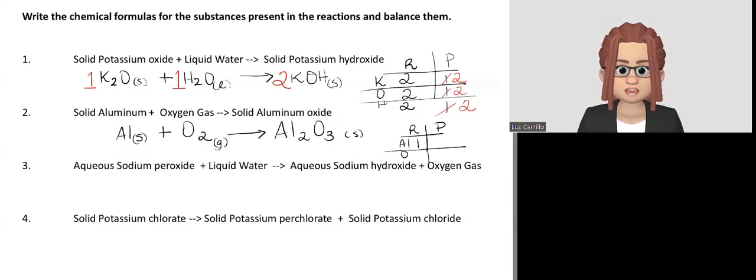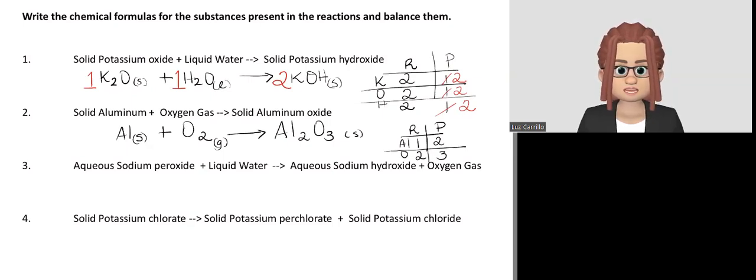When it comes to the oxygen, I have 2 oxygens. In the product, I have 2 aluminums and 3 oxygens. So we can see that in this second problem, the aluminums are not balanced, and the oxygens are not balanced.